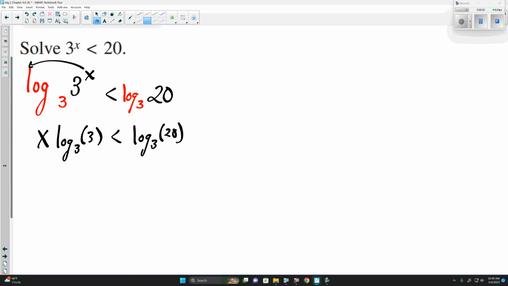Right, so if a log doesn't have a base written, it's understood to be 10. Now, here, we have log base 3 of 3. Well, this reduces to, just leaving us with x is less than log base 3 of 20.